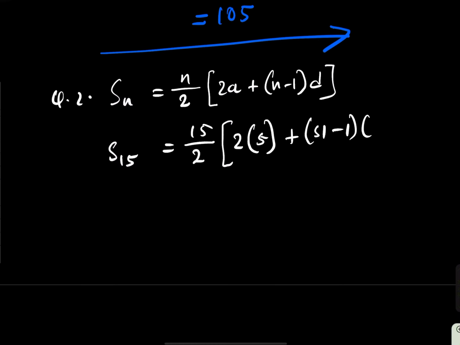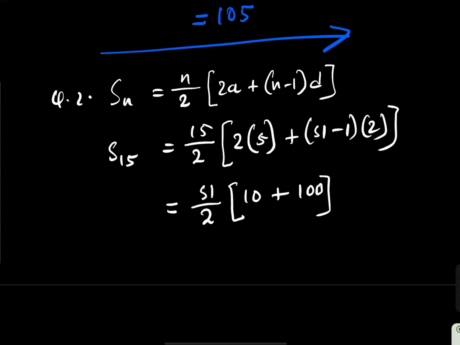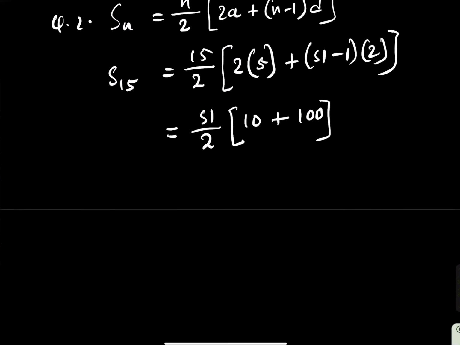And then multiply by the difference, which is 2. Please make sure that you are careful. So this is 51 divided by 2 into, this is 10, and then plus, this is 50 times 2, it's 100. So 100 plus 10 is 110.